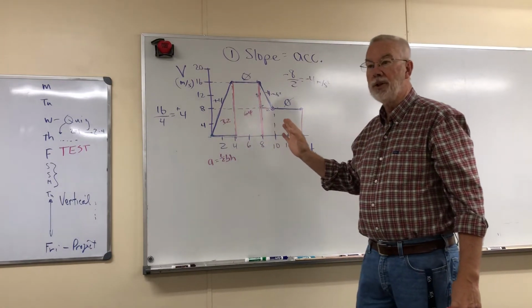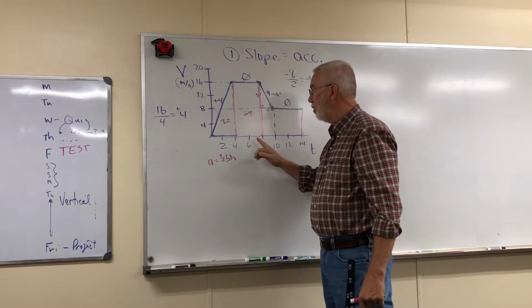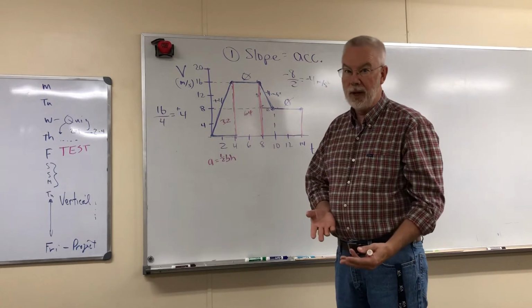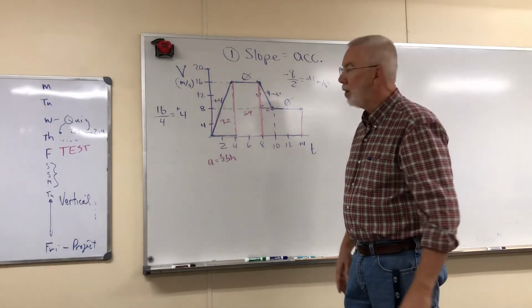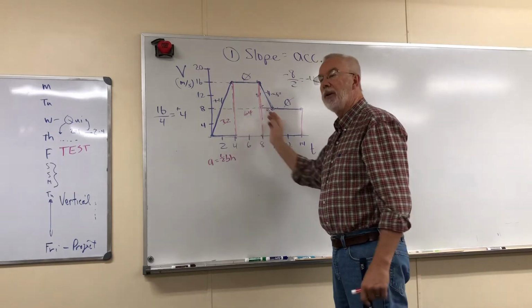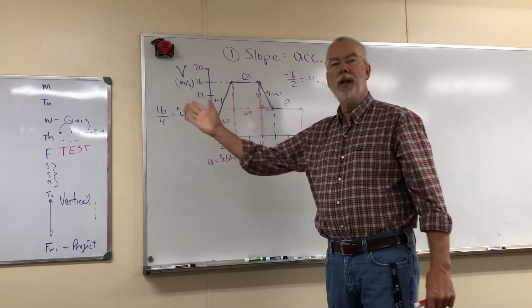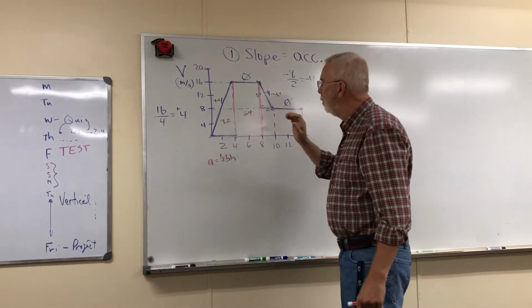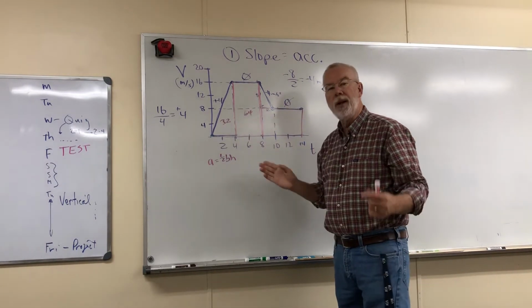So most of the time when we ask for the distance traveled, the displacement and the distance traveled would be the same, because this is speeding up and this is slowing down, but we could all be traveling in the same straight line, like down Highway 78, and so the displacement and the distance would be the same.